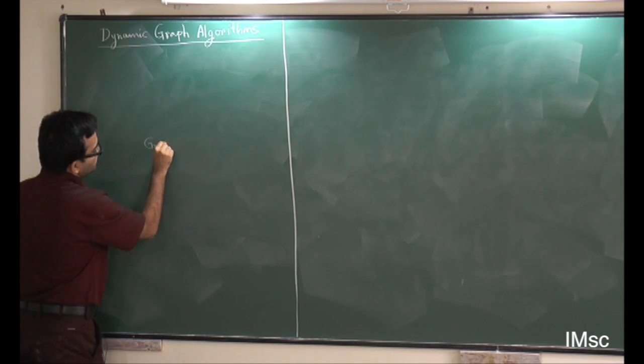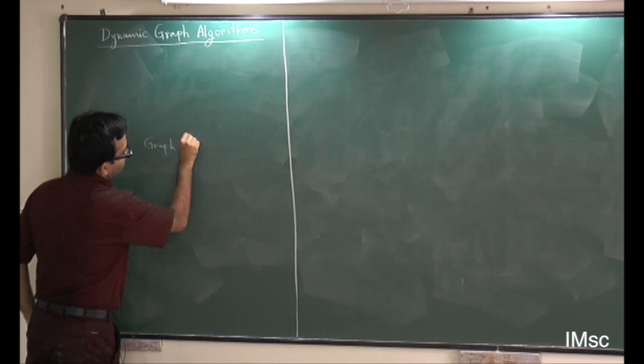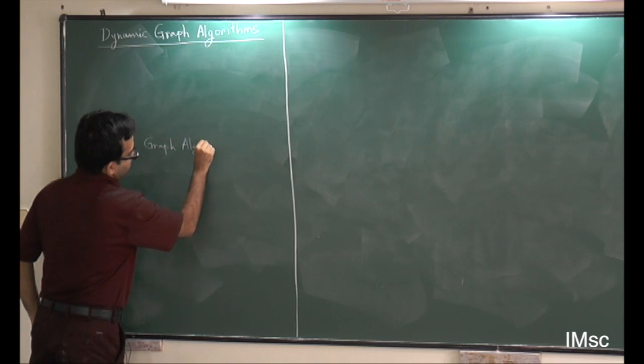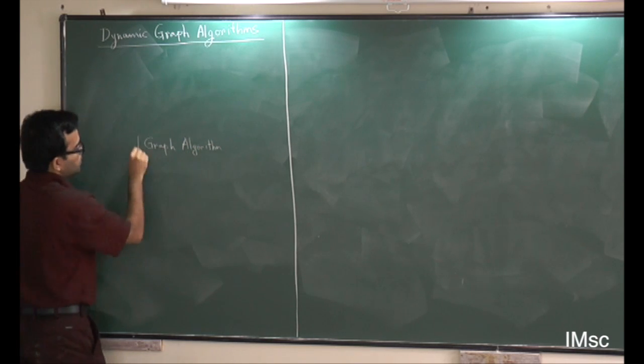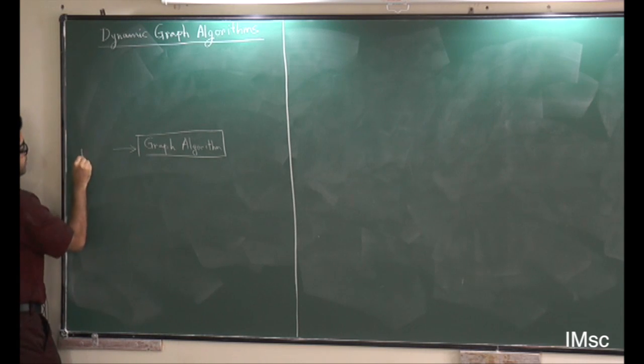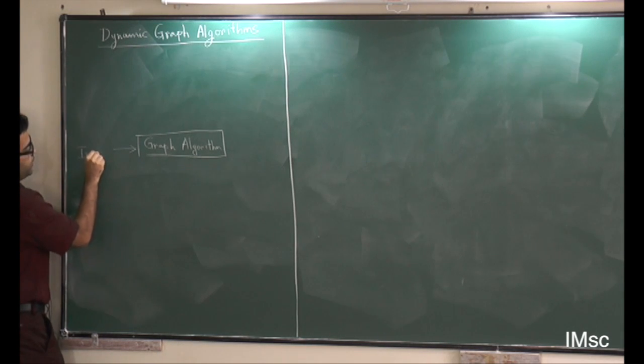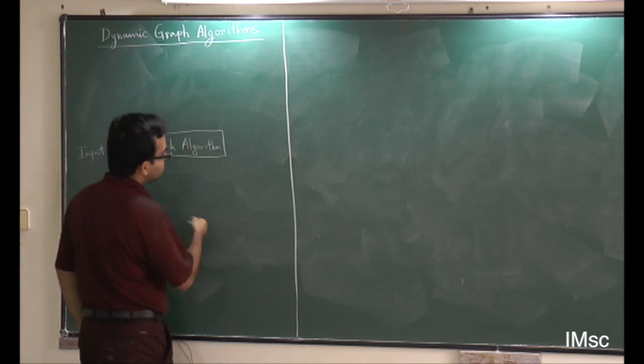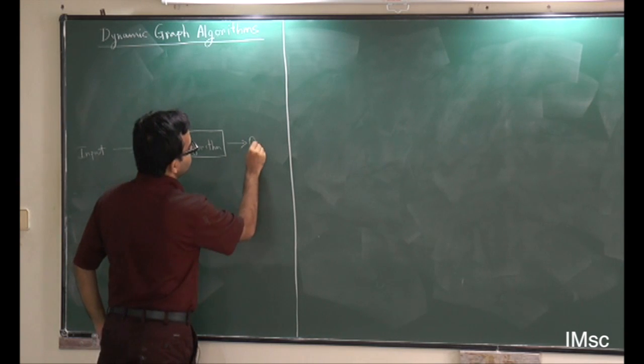So, what is a graph algorithm? You can even actually think of any algorithm in this way. So, this is a black box that takes an input, some graph, and then it produces some output.